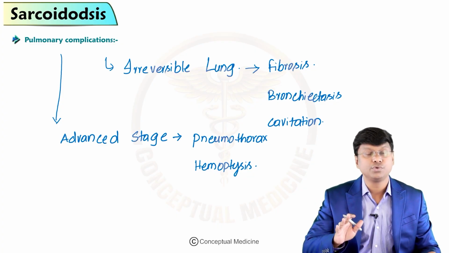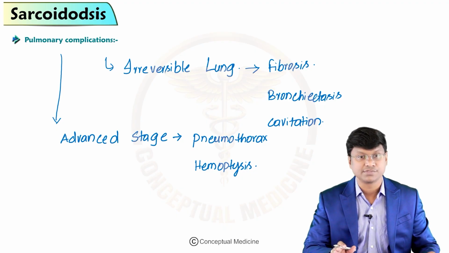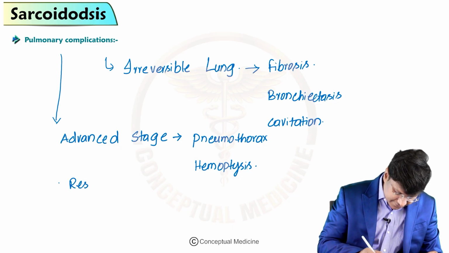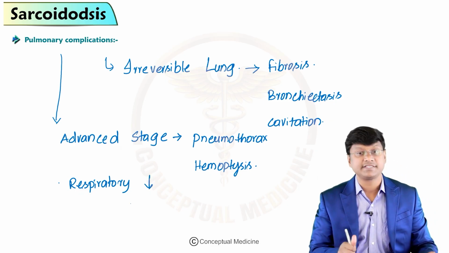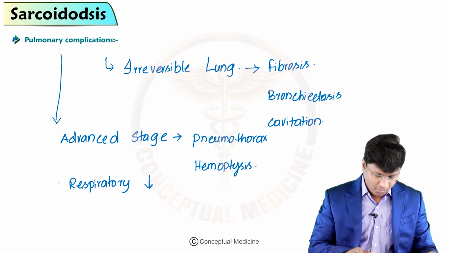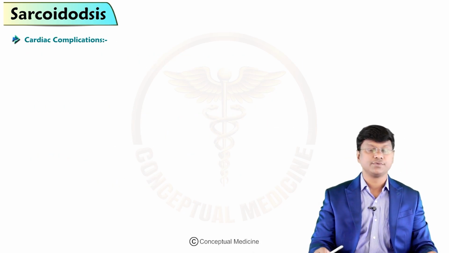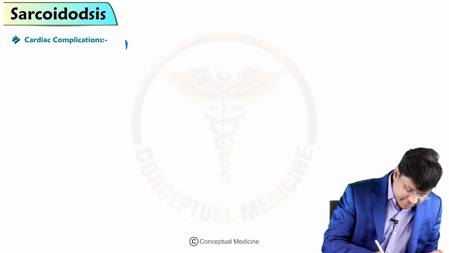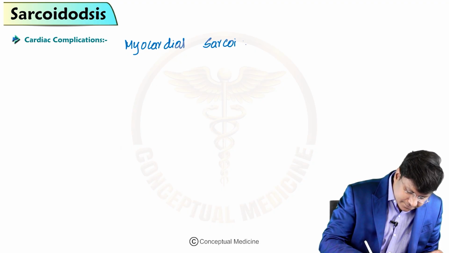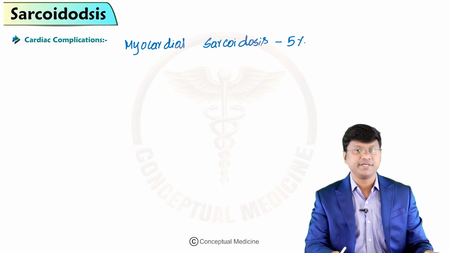And finally, you should know what is the cause of death in patients with sarcoidosis. Death occurs from respiratory insufficiency, and this occurs in about 5% of patients. And what are the cardiac complications in sarcoidosis? Cardiac complications will be in the form of myocardial sarcoidosis, and this is seen in almost 5% of patients.